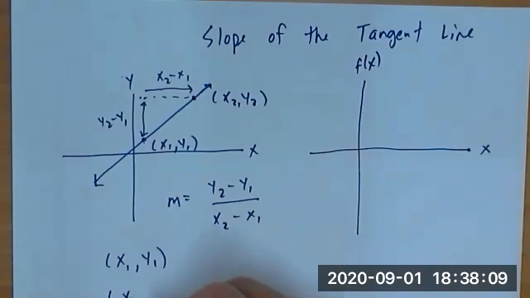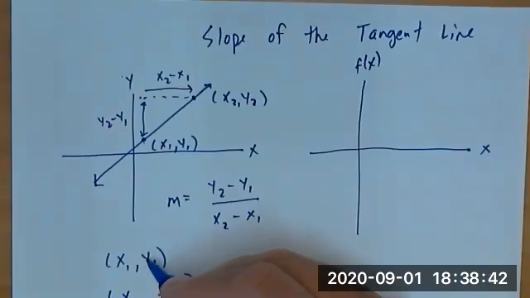Another way to write that is x1, f of x1. And that's because y1 I can rewrite as f of x1. So this is just the same concept. f of x and y are interchangeable. But since this is called y1, if I want to convert this to f of x, I need to call it f of x1.